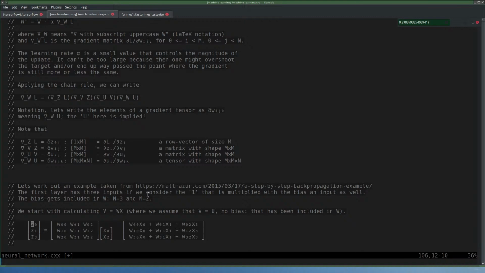Right, then we get V. The output is two-dimensional. I want to move it down.